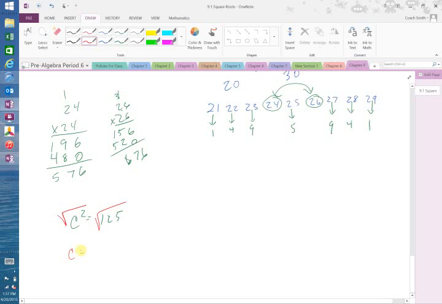The square root of c squared is c. The square root of 125. Well, is 125 a perfect square? No. So they told me to approximate it to the nearest tenth.